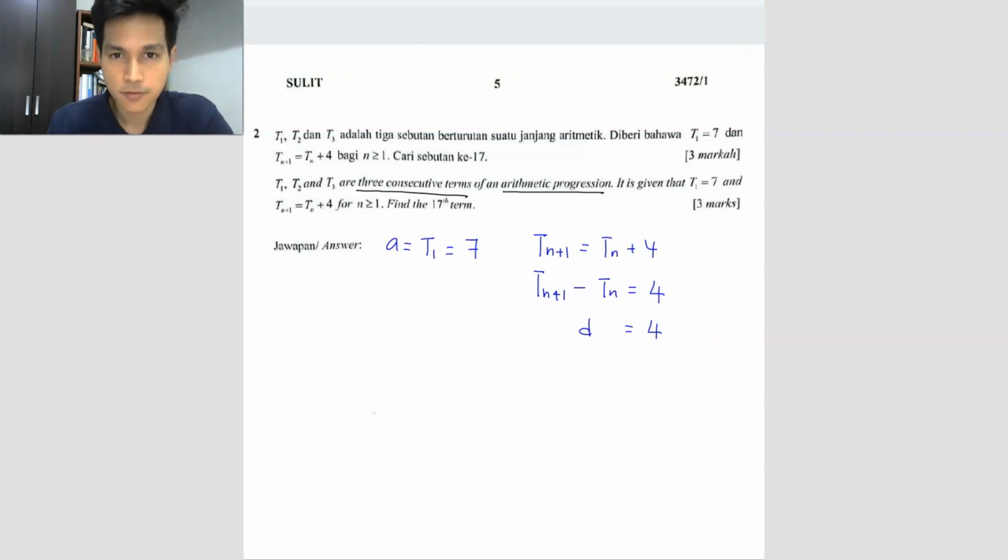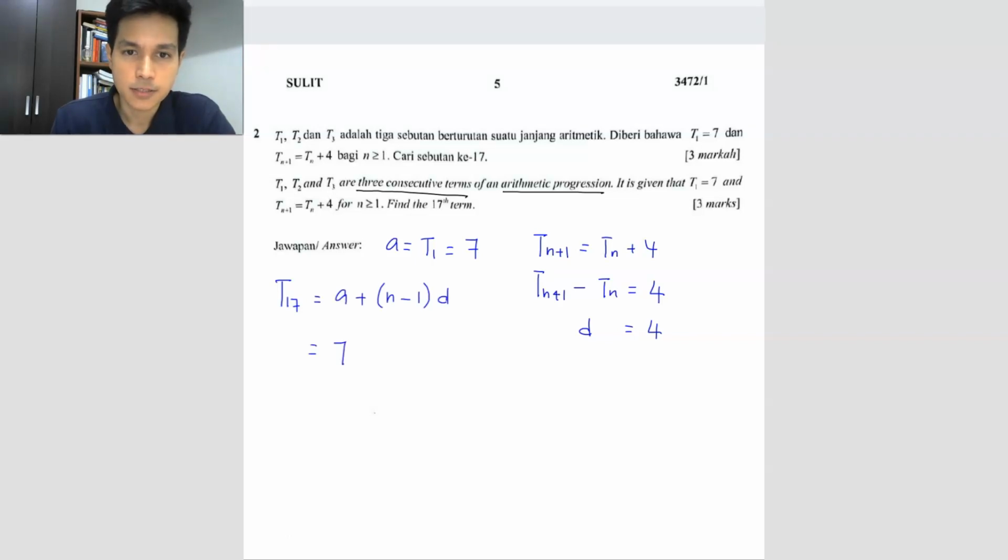So you have A equals 7, D equals 4. Now what they ask you to find is the 17th term. So they want T17. Okay, so what's the formula? The formula is A plus n minus 1 times D, right?